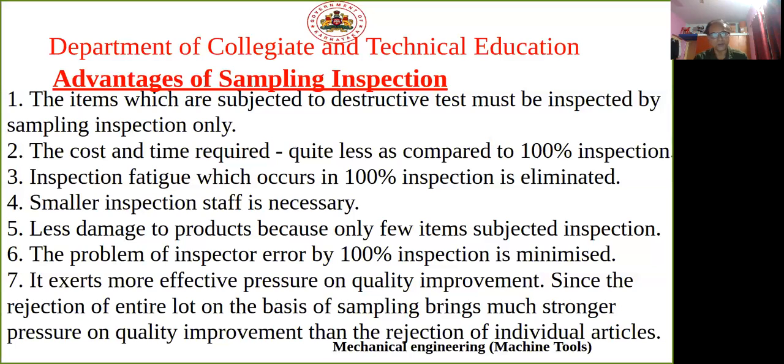So here the effective pressure is that there will always be pressure on the quality control department to improve the quality of the product. So it is very, very important, the advantages of acceptance sampling inspection.